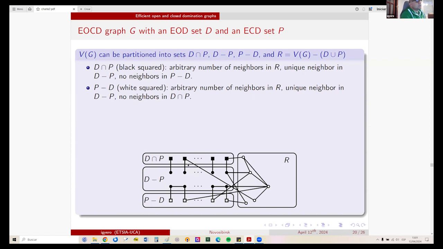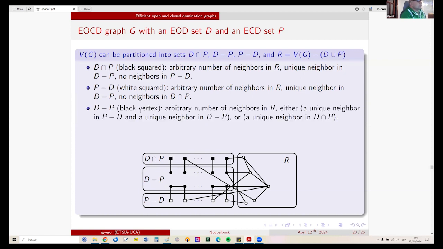This is more or less the structure that you see. And D minus P, the black vertices, can have an arbitrary number of neighbors in R, and they have either a unique neighbor in P minus D and a unique neighbor in D minus P, or a unique neighbor in the intersection.